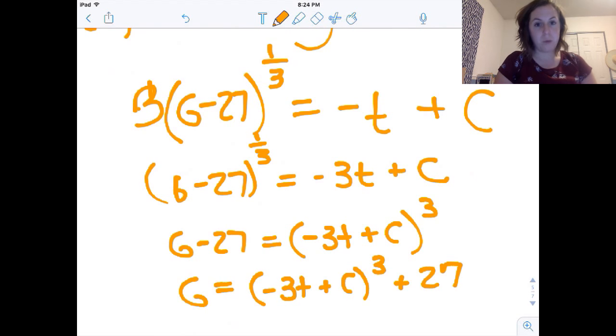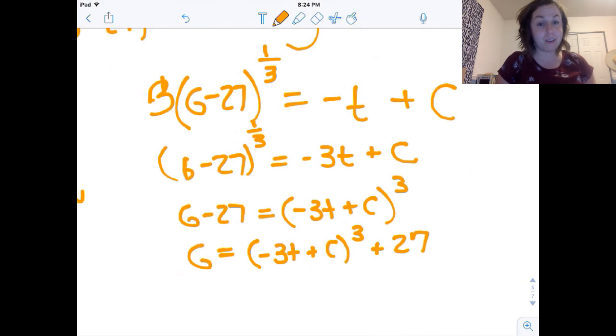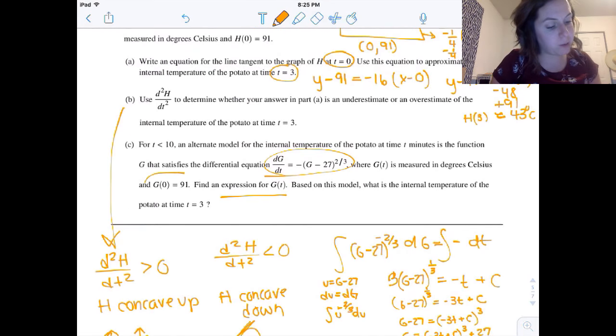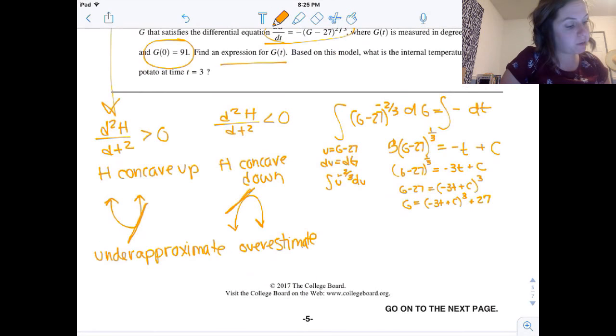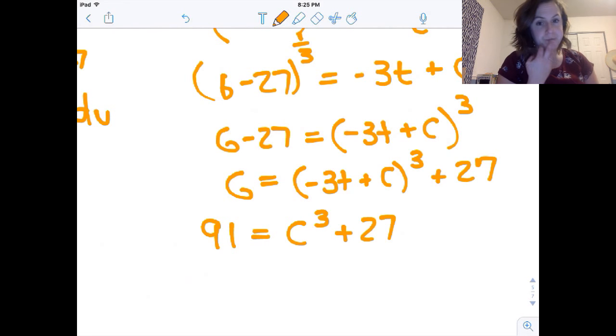So to get my particular solution, I need to plug in my initial condition. And they told me in this that this was also (0, 91). So doing that, 91 would equal (0 plus c) cubed plus 27, right? So 64 is c cubed. So c, cube root it, is 4.